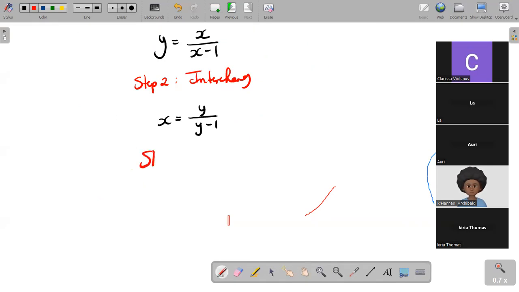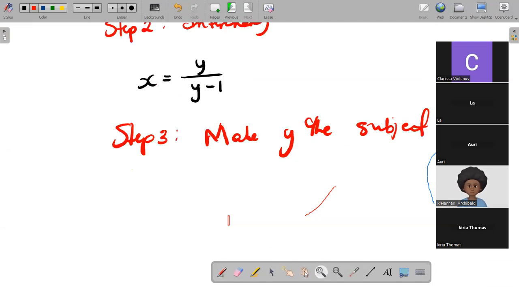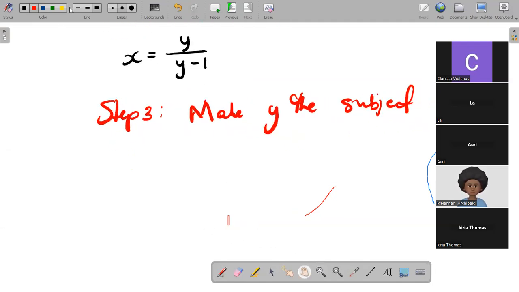Step 3, make y the subject. Now, you see why this is an issue to make y the subject? Why is it a little difficult to make y the subject? Because we realize that y is where? Isn't y both in the numerator and denominator, right or wrong? So if I have this, make y the subject, I got to manipulate two y's.